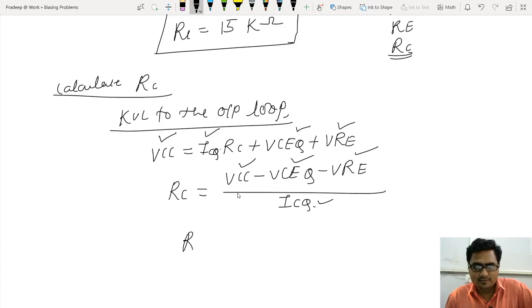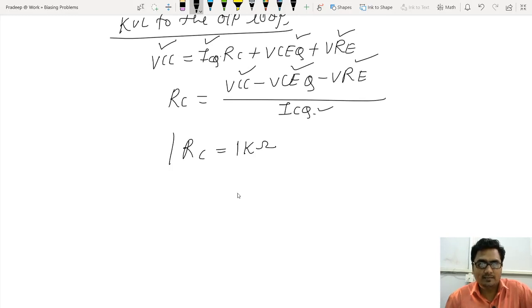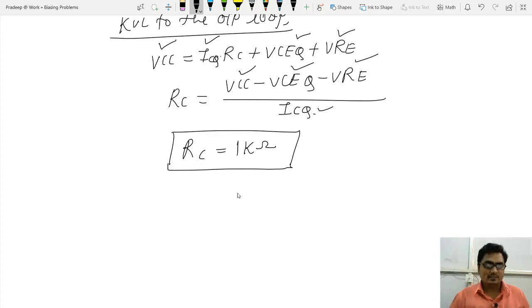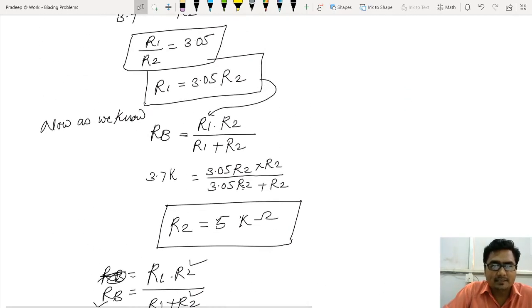Put all those values, use your calculator efficiently, and tell me the value of RC. What I have calculated, the value of RC is approximately 1 kilo ohm. If your value is 949 or 990 ohm, then it's okay, keep it as it is. I am writing practical values that we have used in our lab to perform this voltage divider bias circuit.